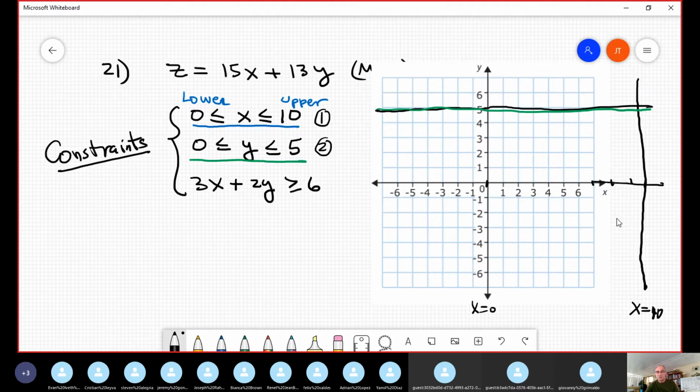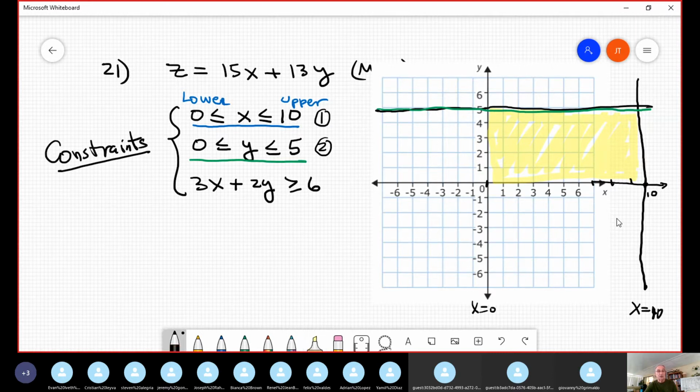So far, the solution for inequality 1 and inequality 2 is this region. It's a rectangle, the set of points such that x is between 0 and 10 and y is between 0 and 5.